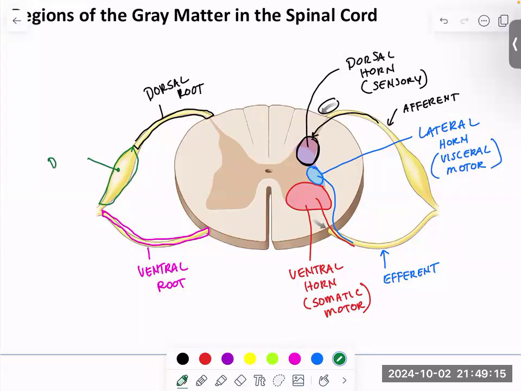This is your dorsal root ganglia. The ganglion is a bulge. There's a lot of cell bodies in there. So the dorsal root is associated with the dorsal horn. The ventral root is associated with the ventral horn and the lateral horn.